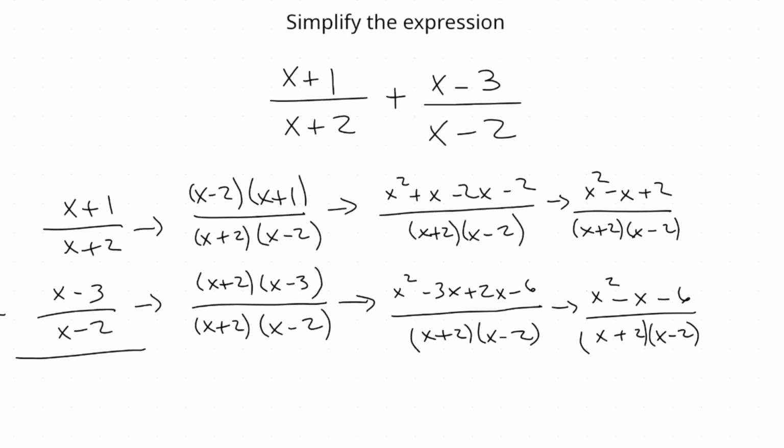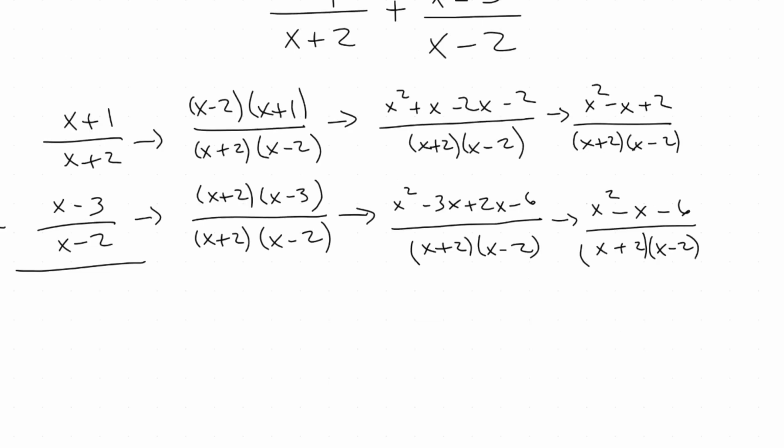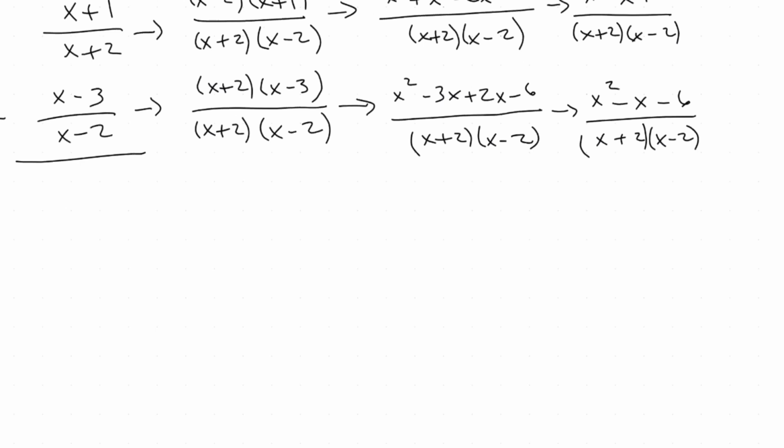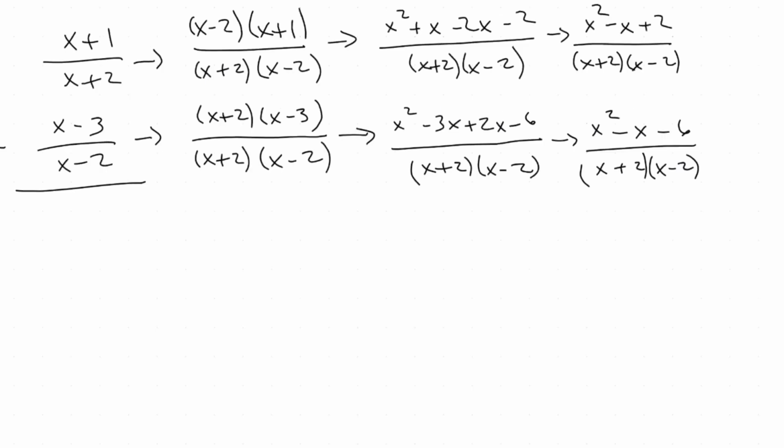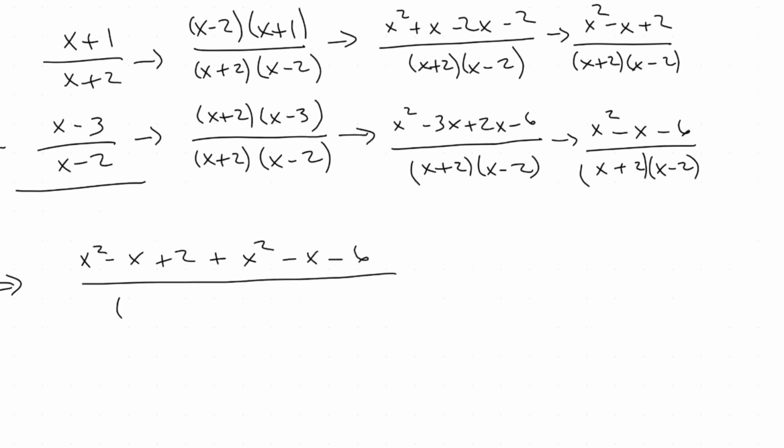So this becomes x squared minus x plus 2 plus x squared minus x minus 6, all of that over x plus 2 times x minus 2.